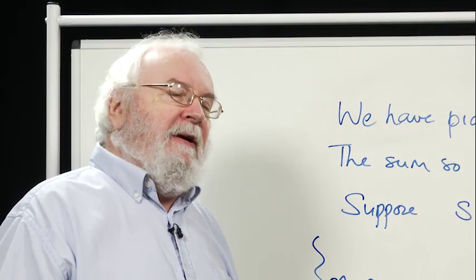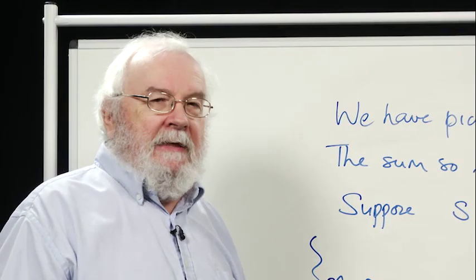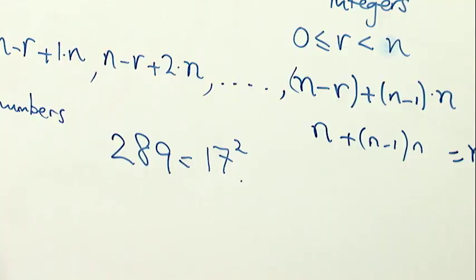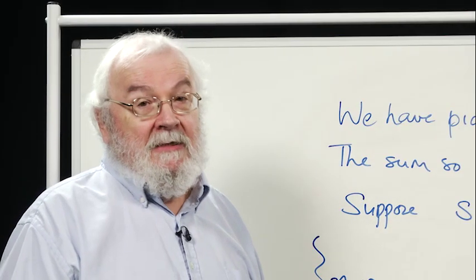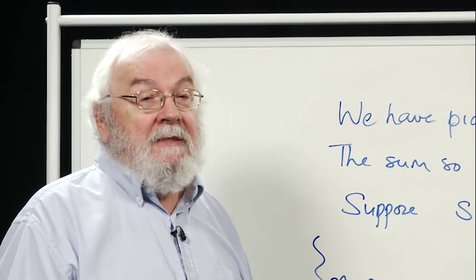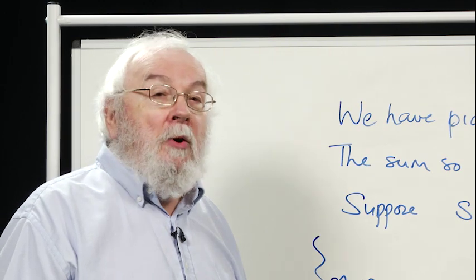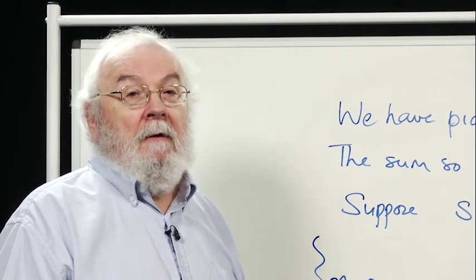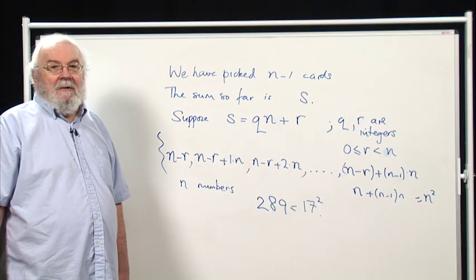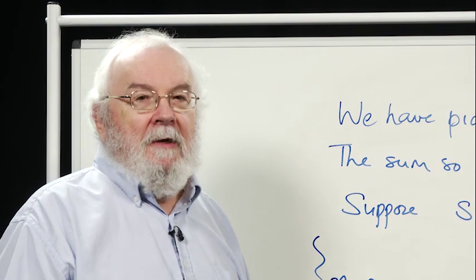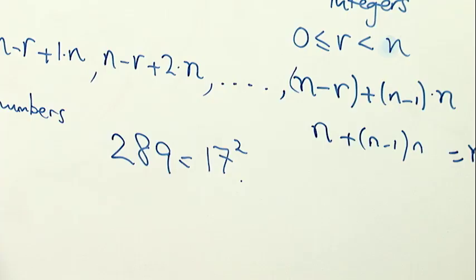And I no longer have a guarantee that I can put down an 18th card. I don't know if this is going to work, but maybe 17 is the answer. Maybe there is a sequence of 17 cards I can pick such that there is no 18th card I can put down. So let's go looking to see if we can find such a sequence of 17 cards.